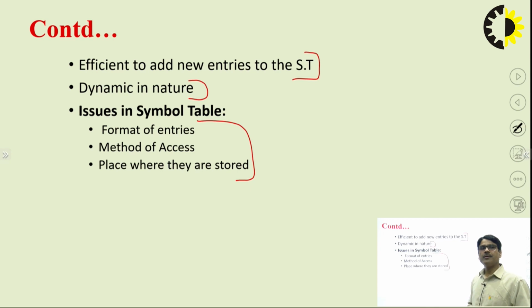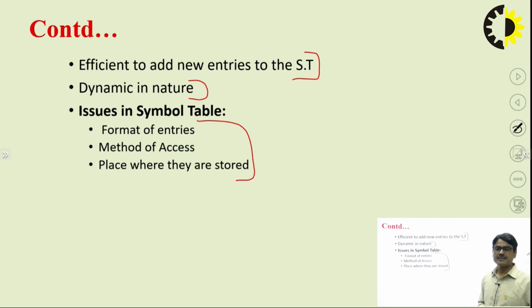If you take a linear list, there are different strategies to access a particular variable. So these are the issues. The third one is the place where they are stored. Finding that place is also an issue, because if you use a different data structure, the place will change.